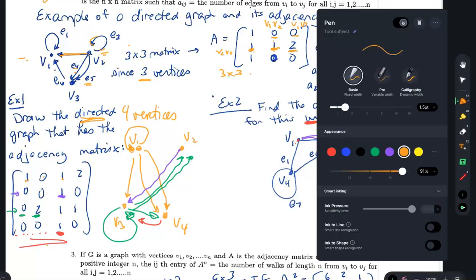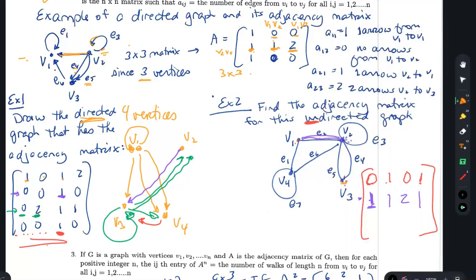All right, moving down to the next one. Moving to vertex V3, that's what this third row would be. V3 to V1, nope, there's nothing there. V3 to V2, yes, I see two edges. V3 to V3 itself, nope, no loops there. And V3 to V4, nope.